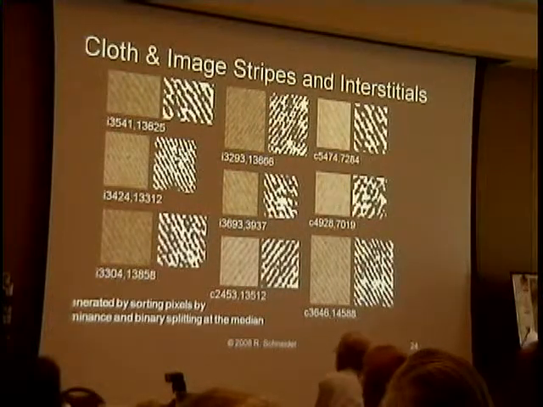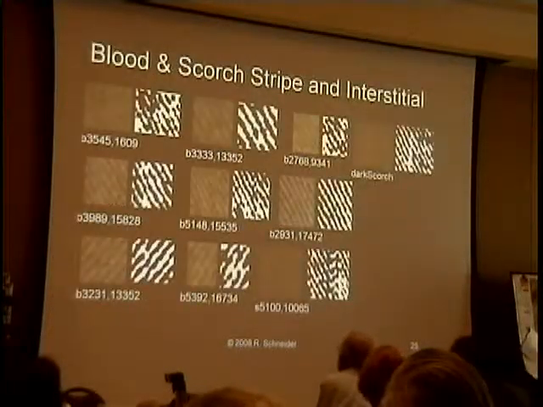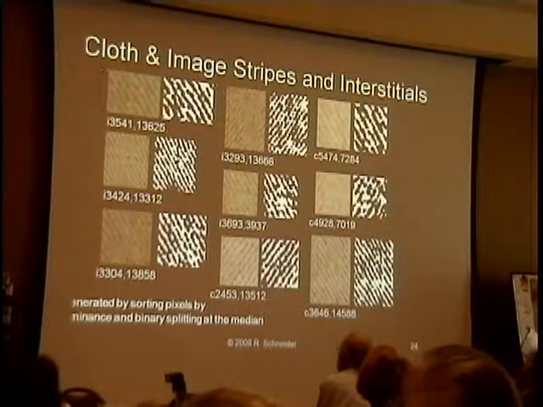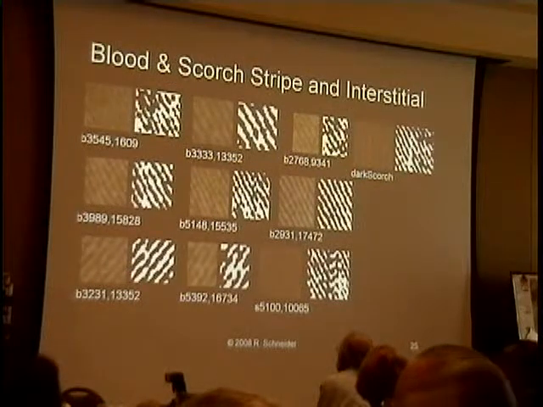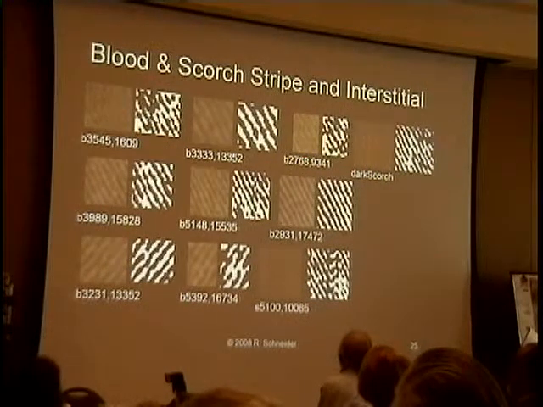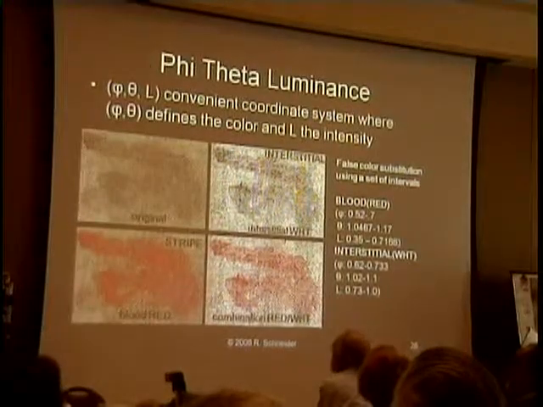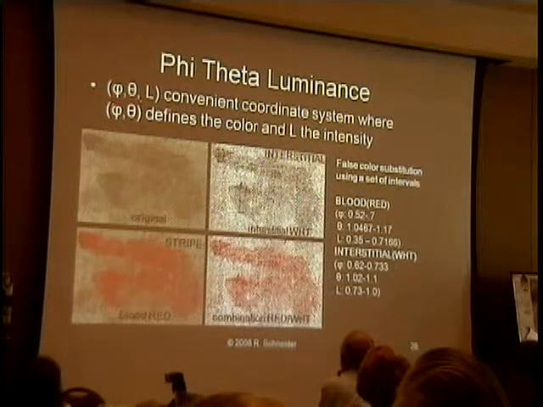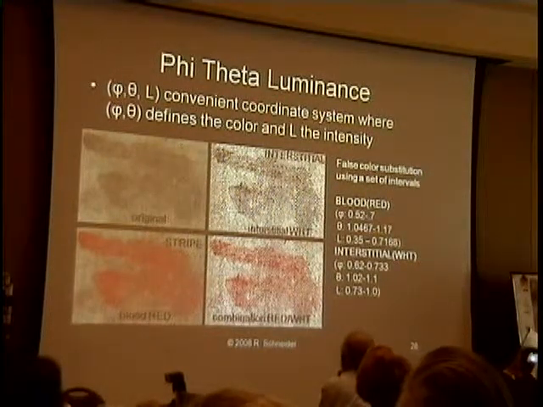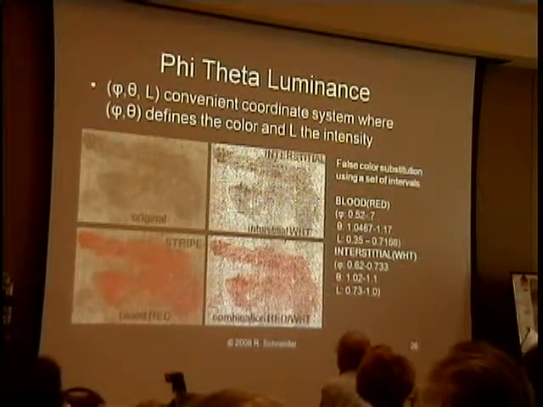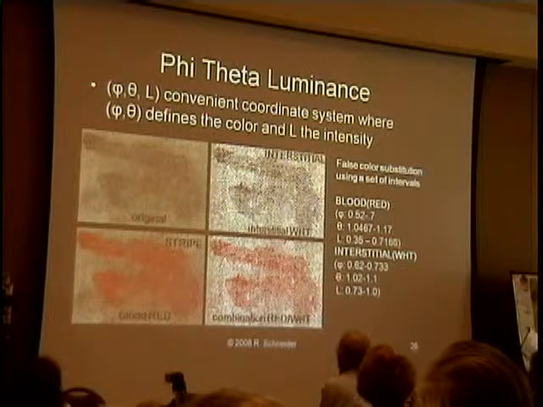So I went in and pulled the colors out selectively for these 3 categories: cloth, image, and blood. I looked at the scorch, but I didn't use it. And then I classified each of these in rho theta and phi theta luminance space. And I created a separate classification for blood and for interstitials, and for interstitial blood.